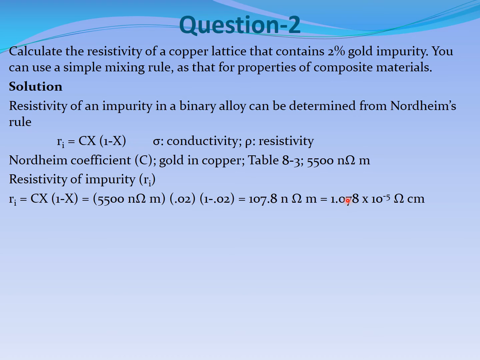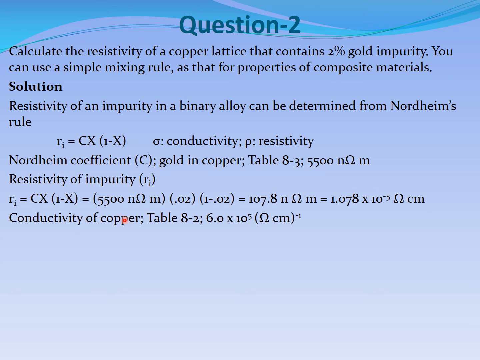If you want to convert it to ohm centimeter, because when you go to the other table, one is resistivity and one is conductivity, there the units will be ohm centimeter. So I am already converting it, because in one table you have resistivity, in the other table you have conductivity, and you need both of them.